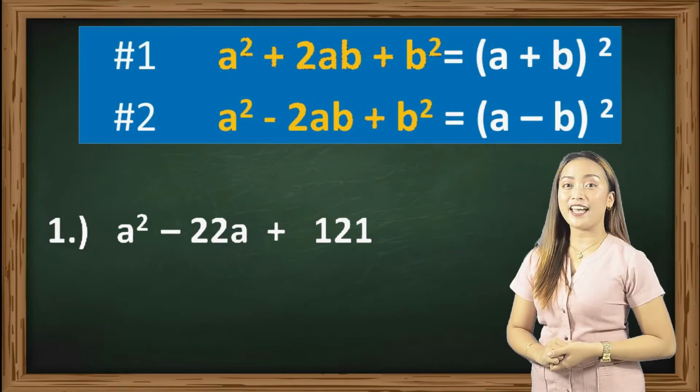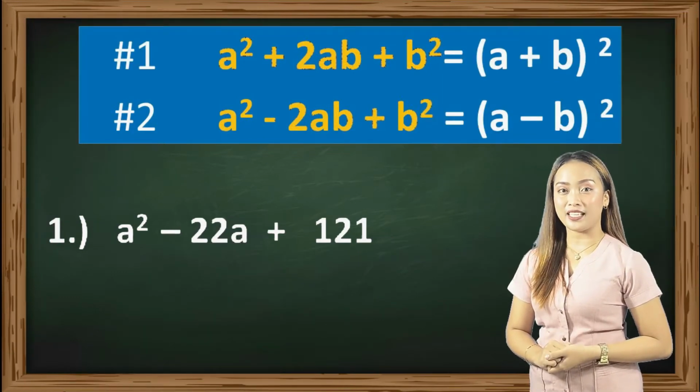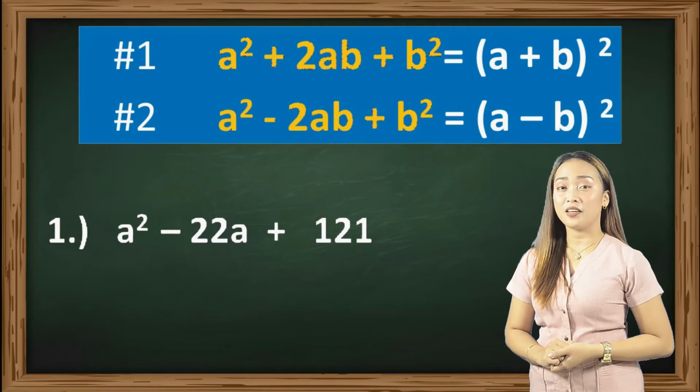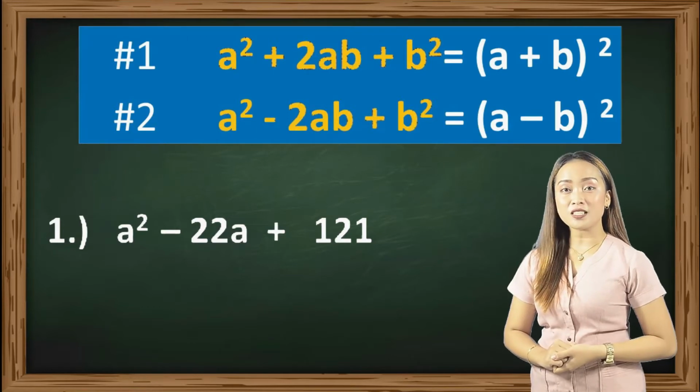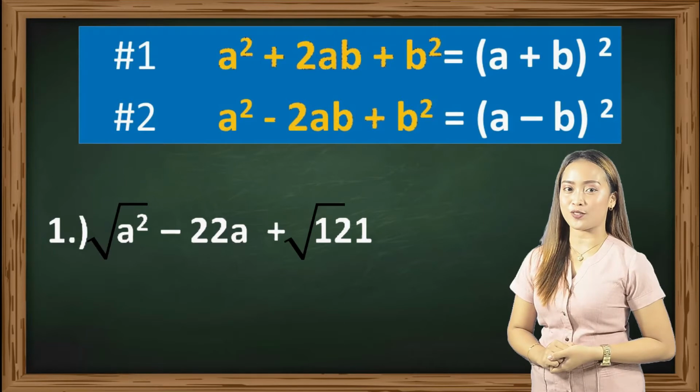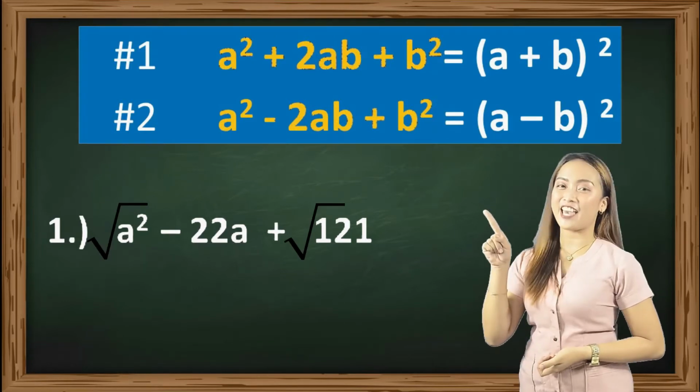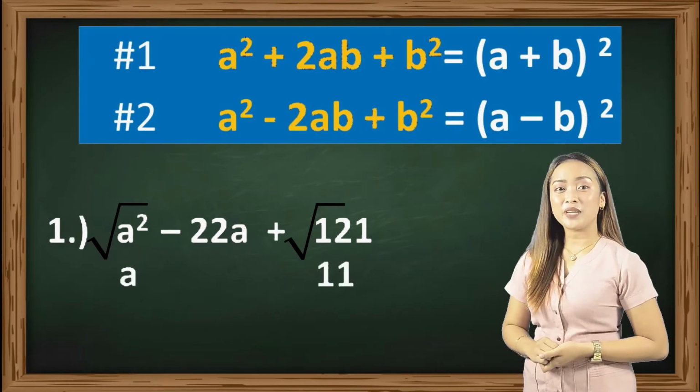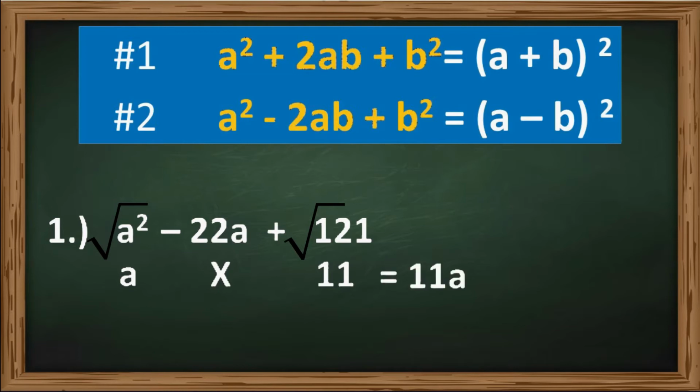Your first and last terms must be perfect squares, meaning they have positive square roots. So, check for that. And the middle term must be twice the product of the square roots of a and c. So, is it a P or N? The answer is P. Very good.